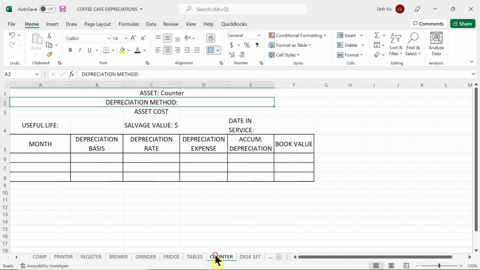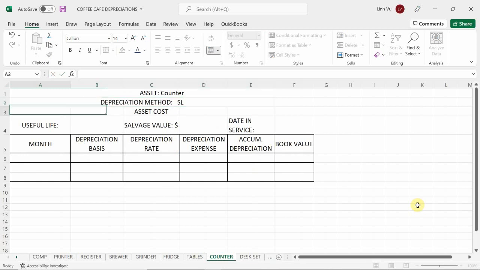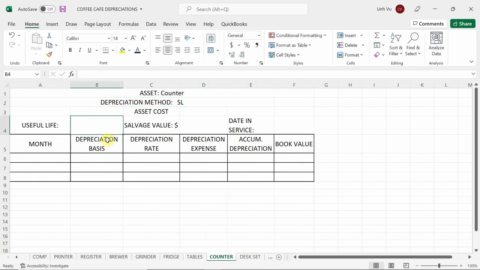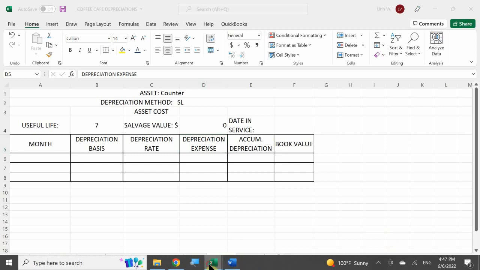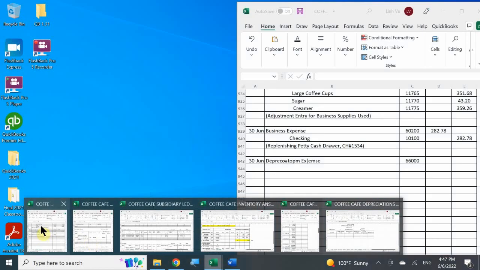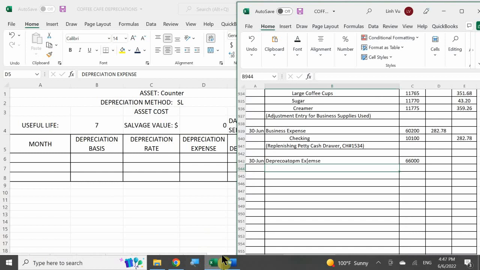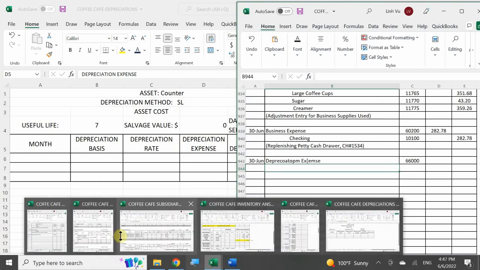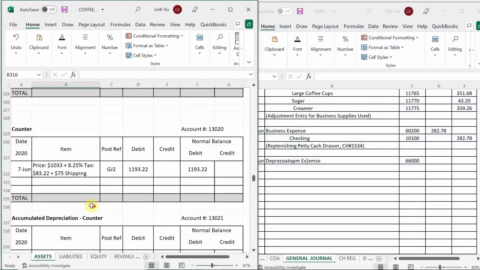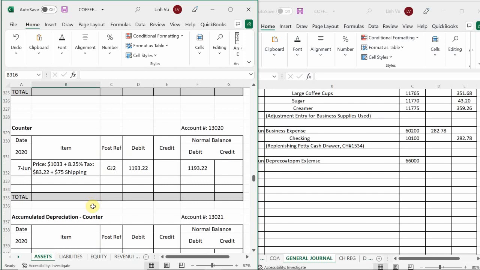Next one is going to be the counter, right? Because we know for sure we're using straight line. Okay. We know it's going to be 7 years estimated useful life with 0 salvage value. Okay. And that's going to be, okay, let's figure out what the asset cost is. Okay, for the counter is going to be $1193.22, and we purchased it on June 7.